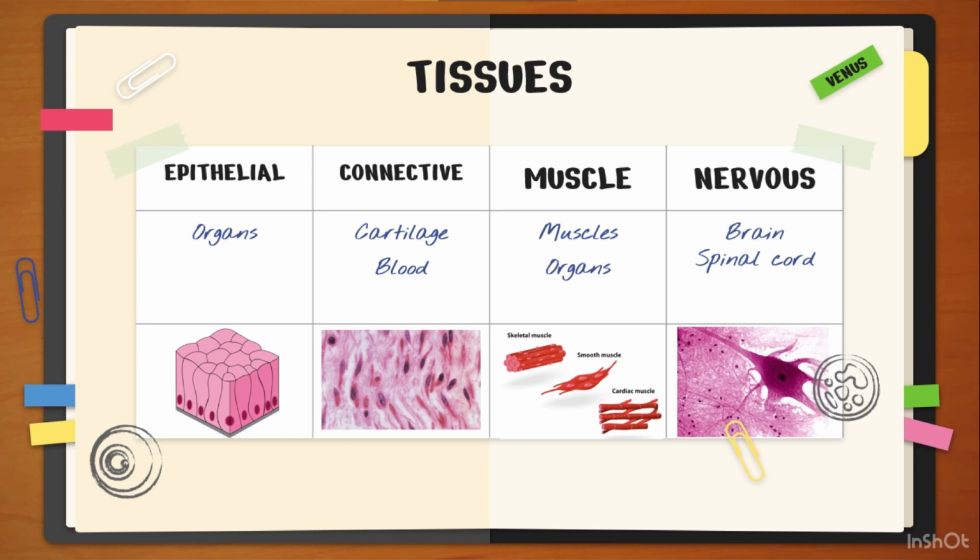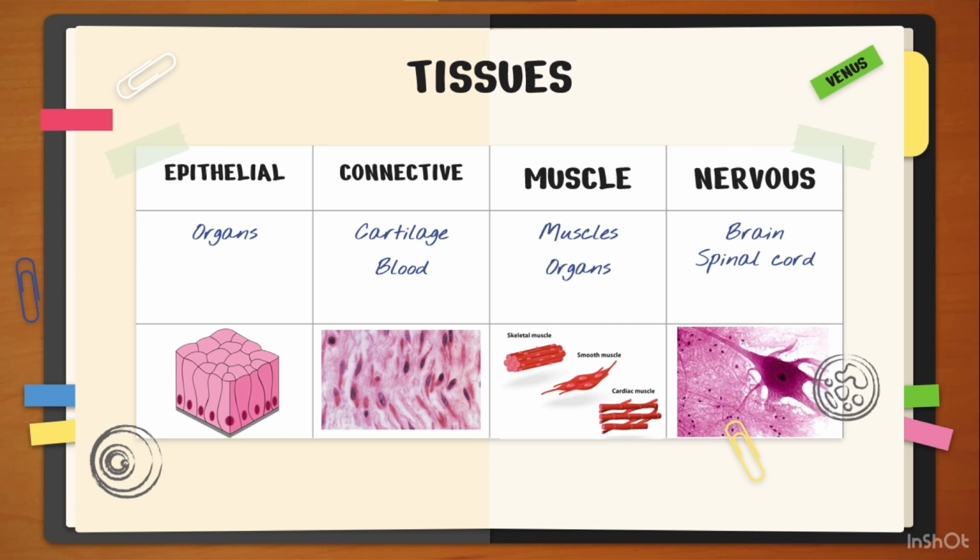The types are skeletal muscle tissue, that is attached to the bones of the skeleton, cardiac muscle tissue, that is found in the wall of the heart, and smooth muscle tissue, that is found in the walls of hollow internal structures.